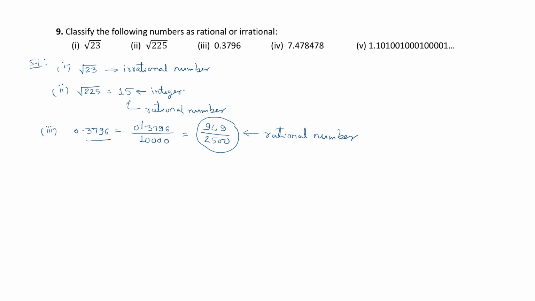Let's take another problem, that is 7.478478 and so on. Let's see this problem. Here we can say which digits are repeating. The repeating digits are 478, 478.